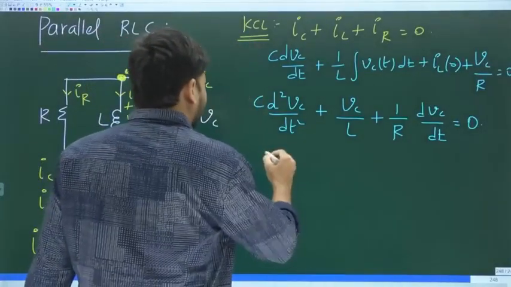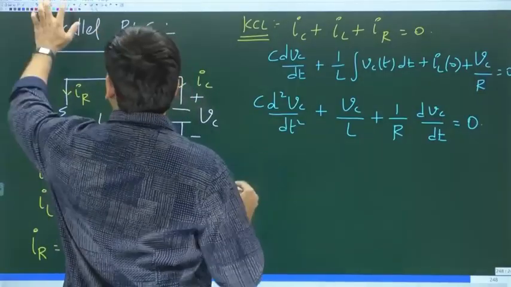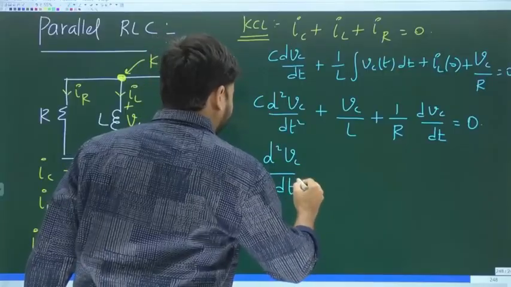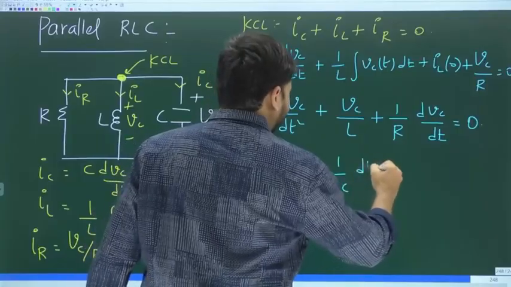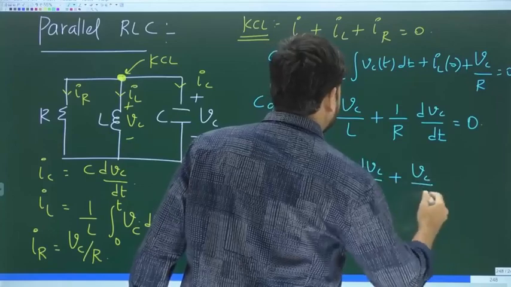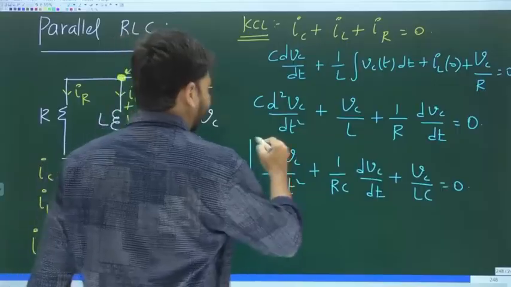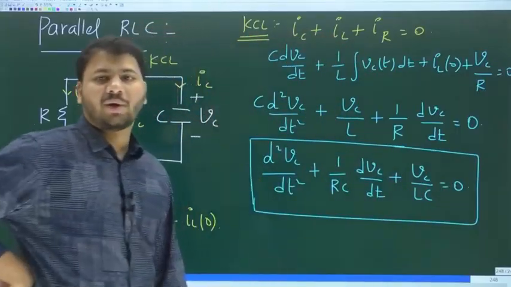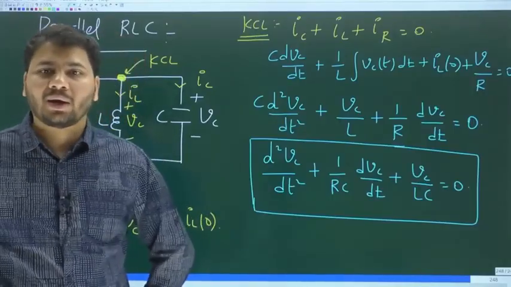Will it not be d square Vc by dt square plus 1 by RC dVc by dt plus Vc by LC equal to 0? Yes. That's all. This is the final form of the differential equation governing this parallel RLC circuit.